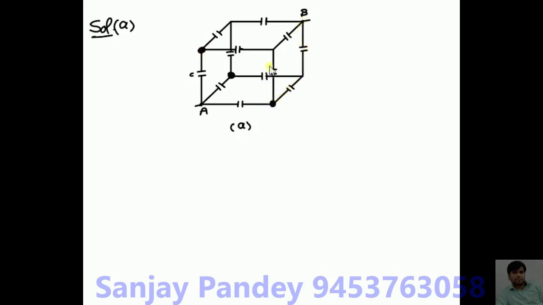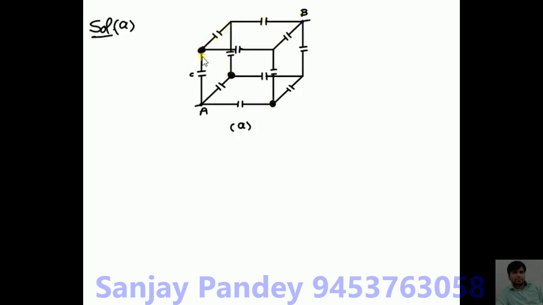Along this branch we also encounter 2 capacitors. From this point to B, we encounter two capacitors, and along this branch we also encounter two capacitors. So this position and this position are symmetric.